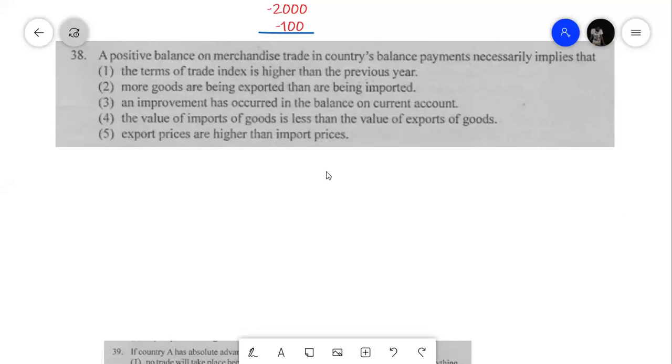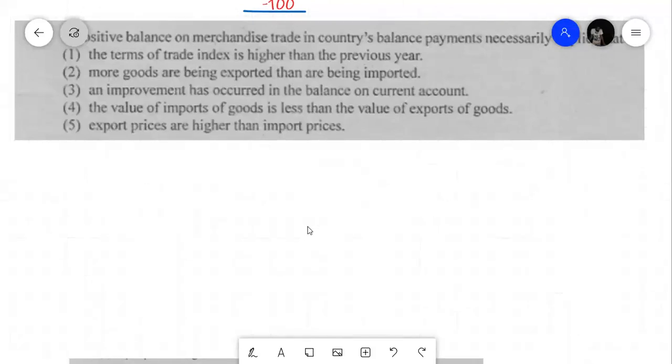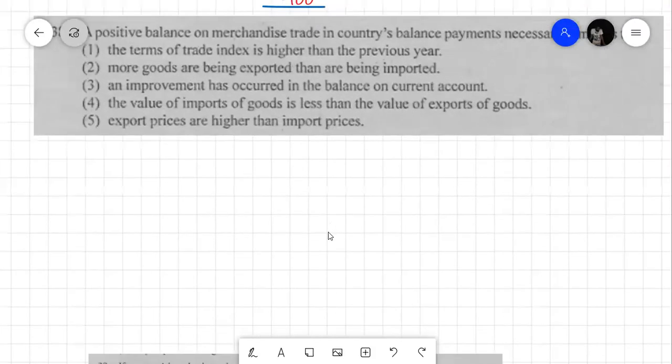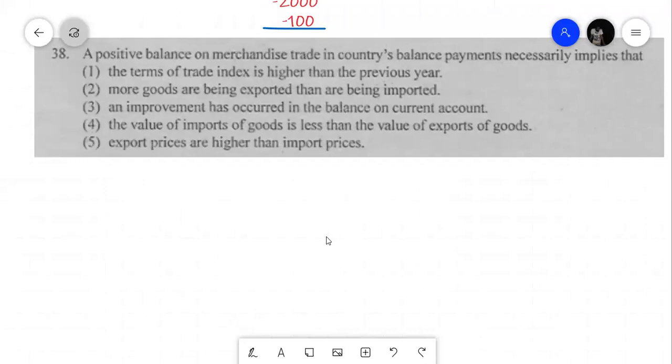Think a little. 1, 2, 3, 4, 5. Okay, I'm getting so many different answers. The only answer I did not get is the first one. What do you all think? 1, 2, 3, 4, 5. Your trade account has a surplus or has a positive balance.